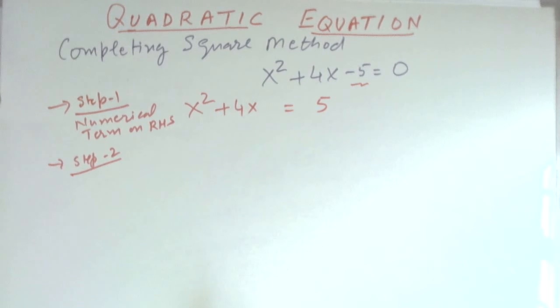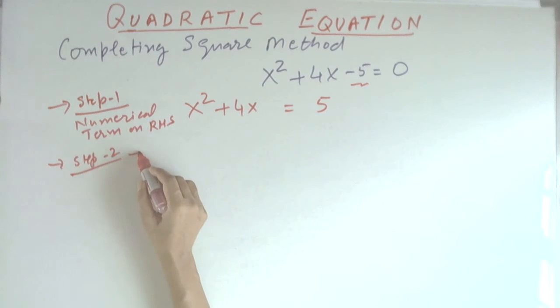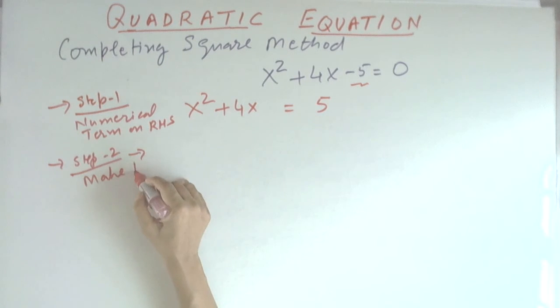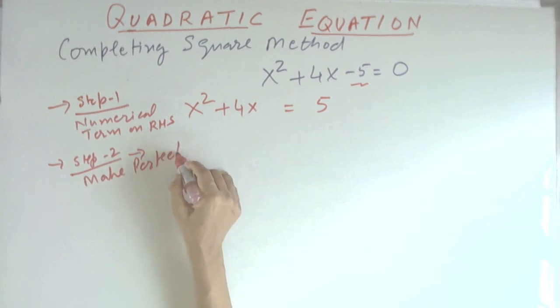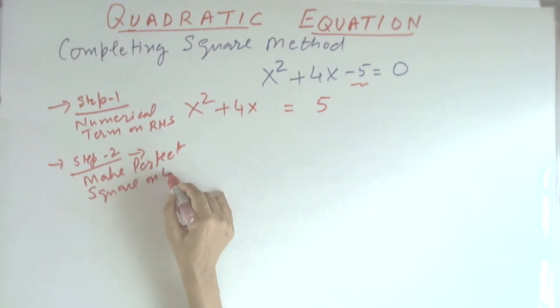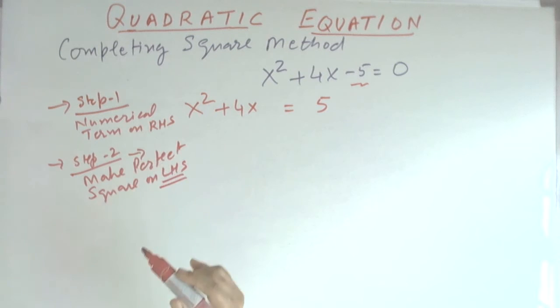The next step, step number 2, is we have to alter the left hand side so that it becomes a perfect square. So what we have to do is make a perfect square on the left hand side. And how can we do that?